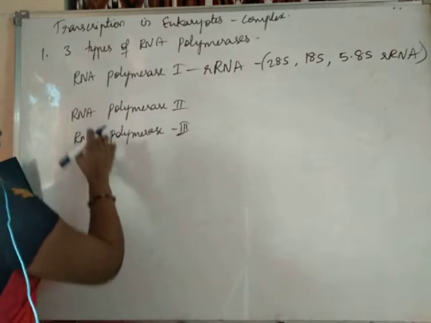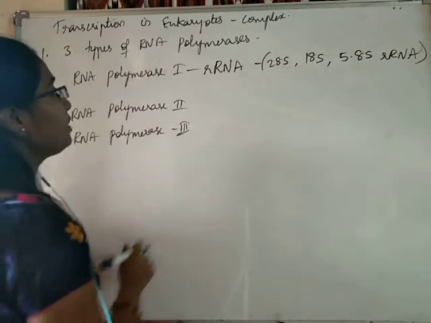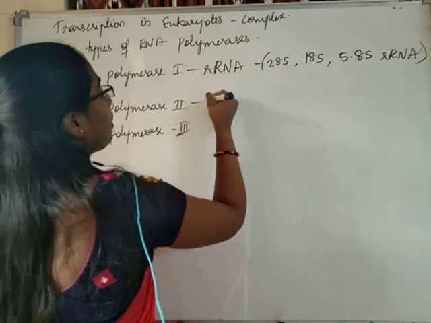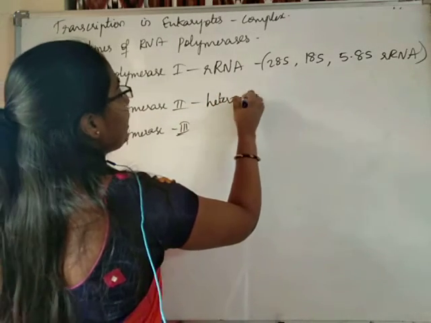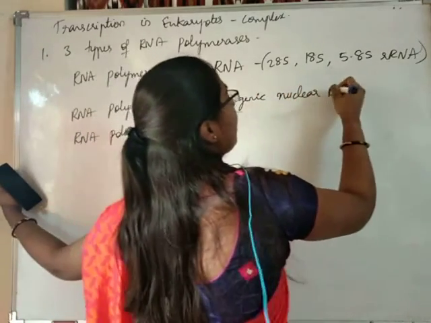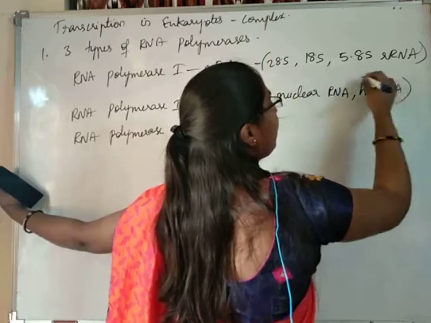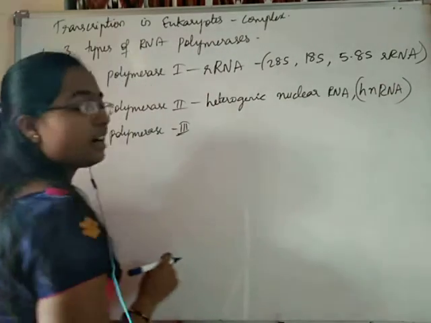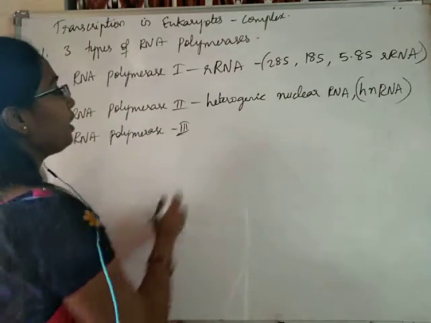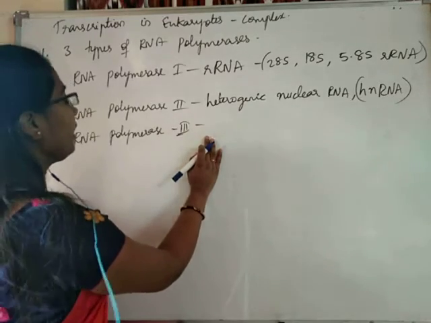RNA polymerase 2 is transcribing heterogenic nuclear RNA, hnRNA. It is causing transcription of heterogenic nuclear RNA.